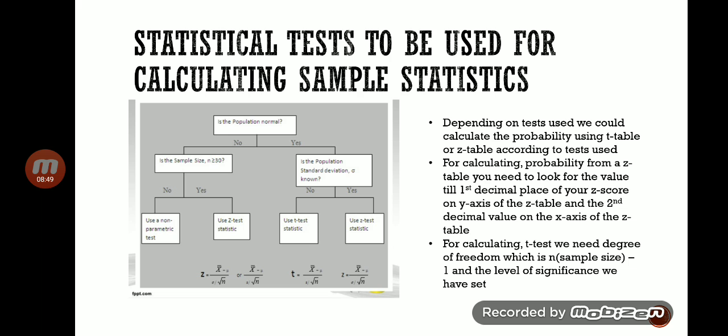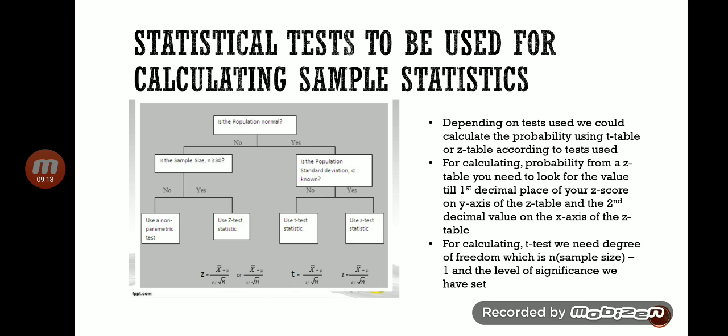So the formula for z value is given as x bar minus mu divided by sigma, the standard deviation of the population, divided by square root of n. So x bar is the mean of the sample on which we are performing our hypothesis.